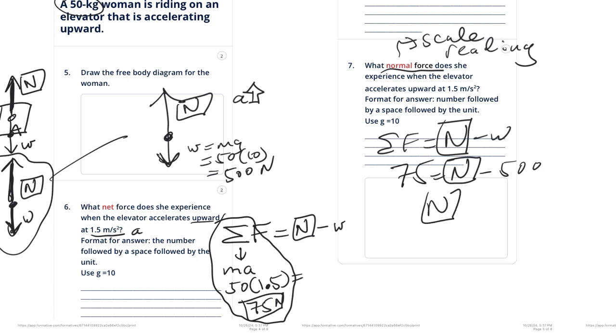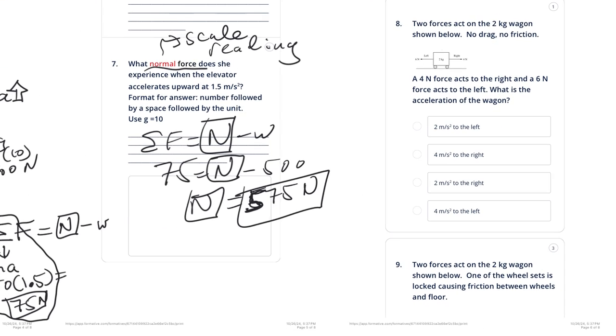So N is equal to 575 newtons. Okay? She feels like she's being pressed down. She feels heavier.